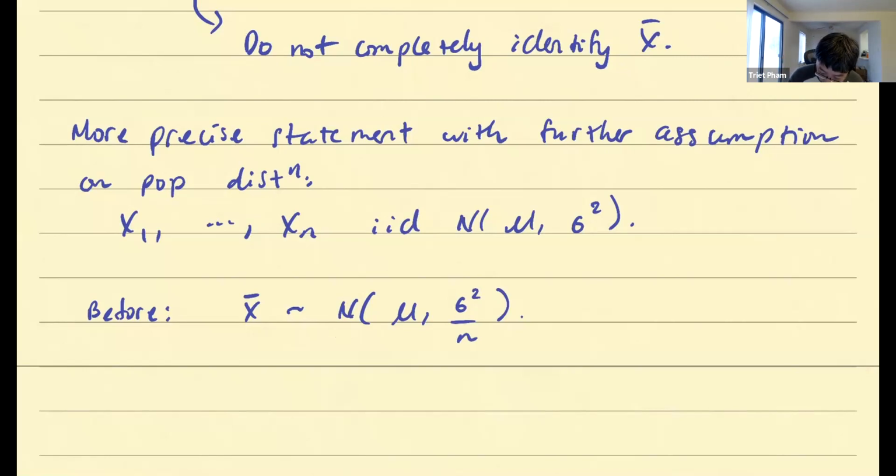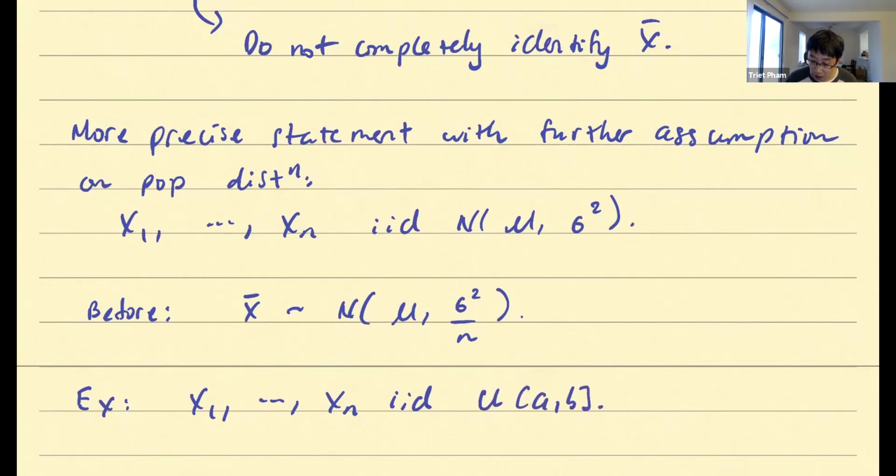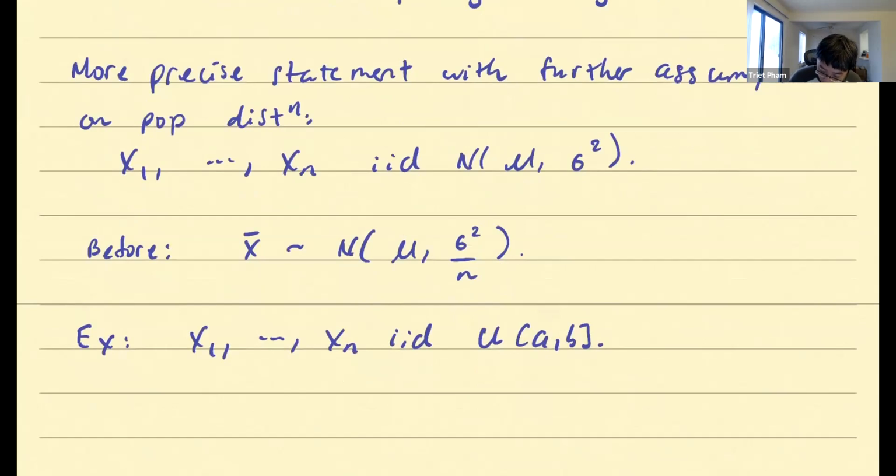So an example would be something like this. Let's say x1 up to xn IID uniform AB. Okay. So then I know that the expectation of X bar will be A plus B over 2, right?